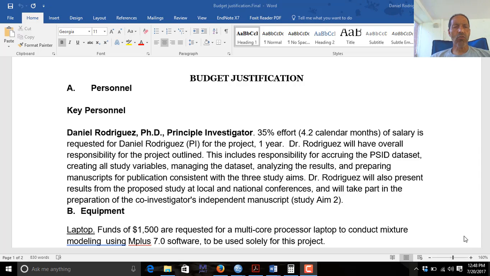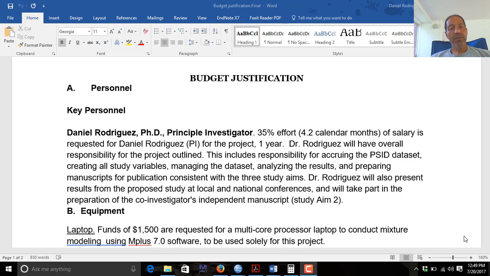This is an example of an old budget justification. In writing the budget justification, the key is to justify every expense that you plan to have. So really, if you think about it, you want to account for all the money that you will be spending if you receive the grant. That includes any personnel, any equipment, software, licenses, whatever it is that you may need, payment to participants.